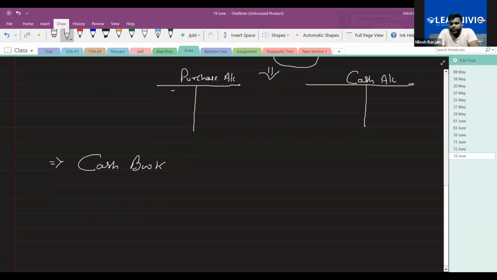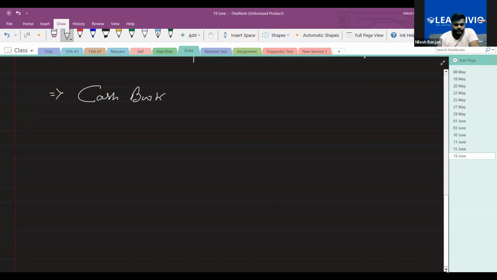Now, let me show you what will go in proper journal. If you purchase goods on credit basis, what do you write? Purchase account debit to creditors account. And if you purchase any assets on credit basis, what will be the journal entry?